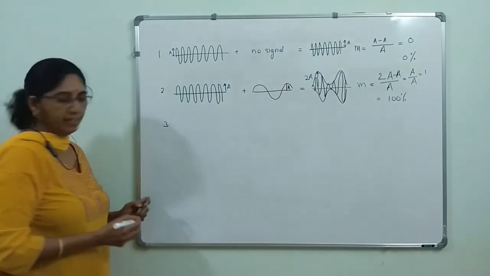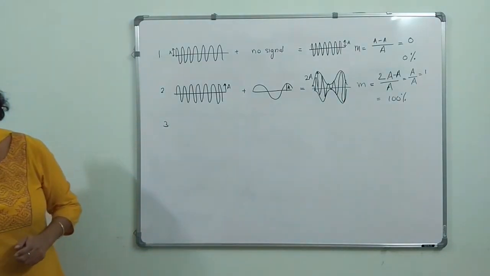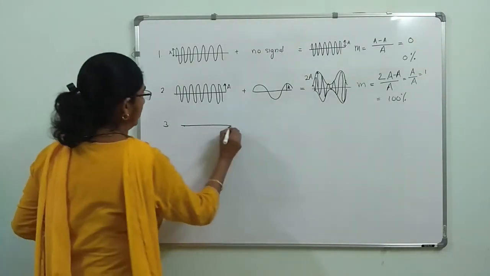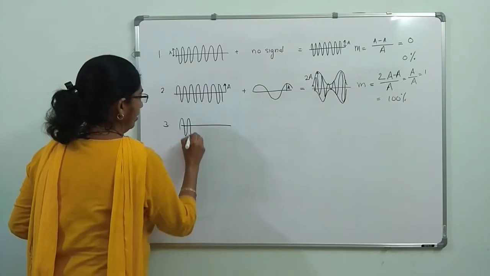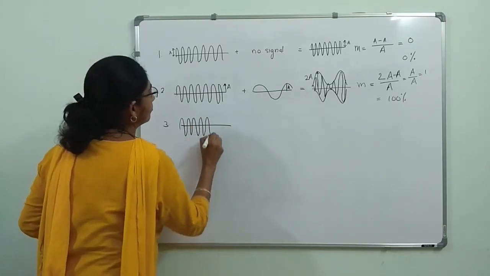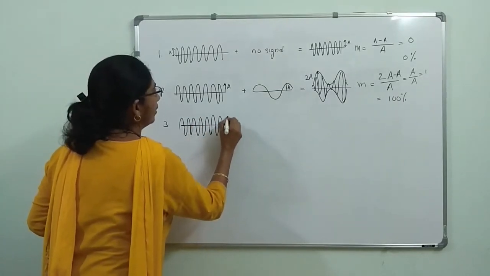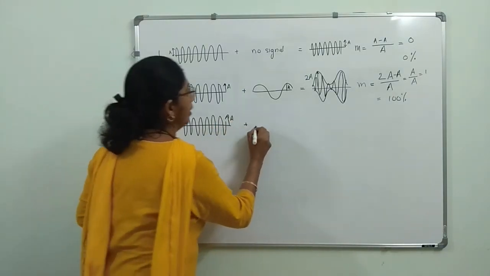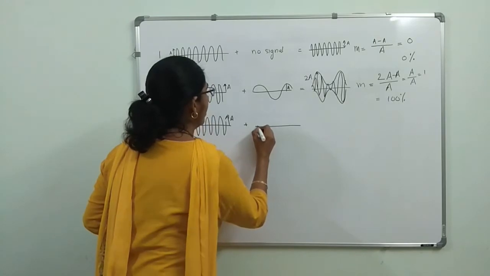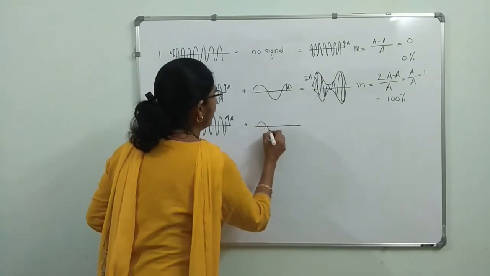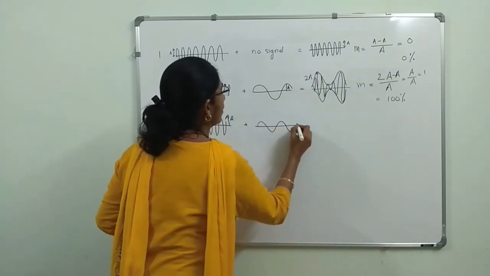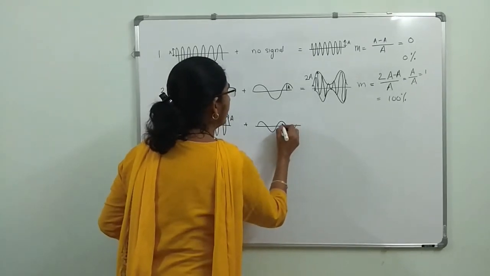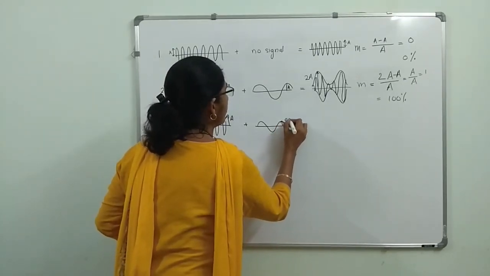Now let us try another example. This is our carrier wave, again of amplitude A. Now let us take a signal which is having amplitude 0.5A.